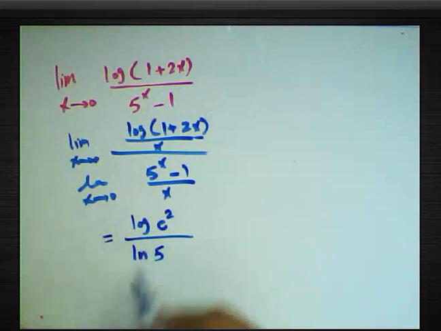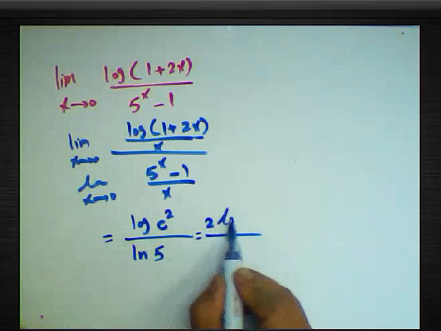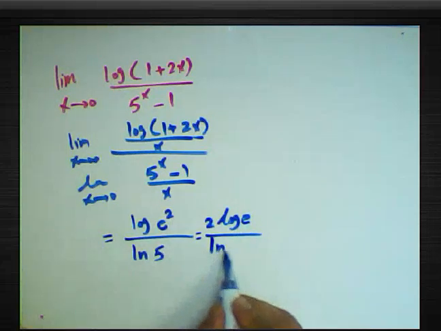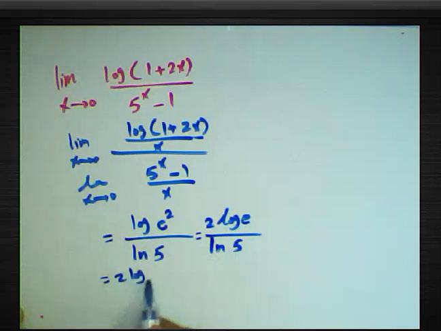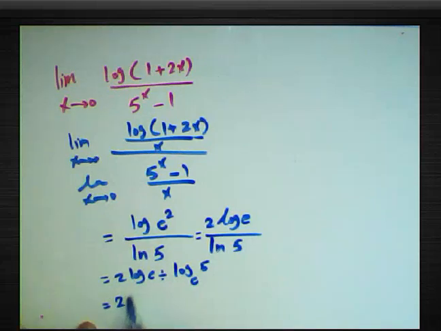Then you can simplify by dropping 2 outside: 2 multiplied by log e over ln 5, so it will be 2 log e divided by ln 5, which means log base e of 5. Then we can write 2 multiplied by log e, multiplied by the inverse of 5 and e, log base 5 of e.